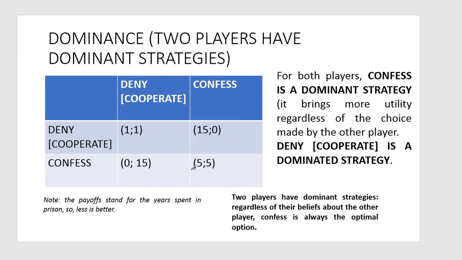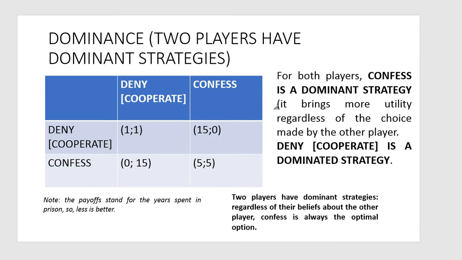If the second player decides to confess, then it's better for me to confess as well, because thanks to this, I will get 5 years instead of 15 years. So for me, it's always better to confess, regardless of what the second player does. And actually, the same applies to the second player. For the second player, it's always better to confess, regardless of what the first player does.